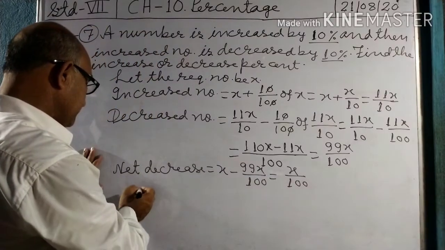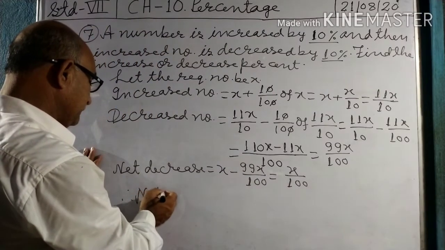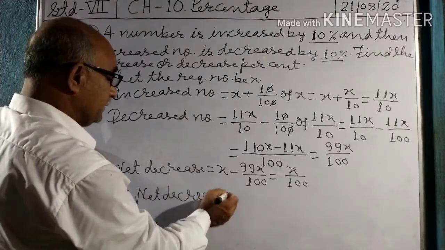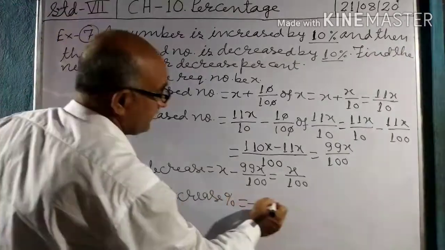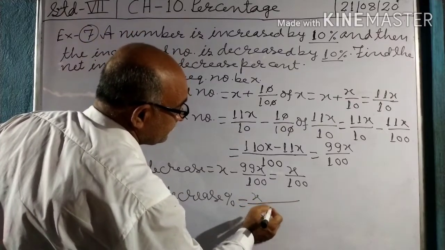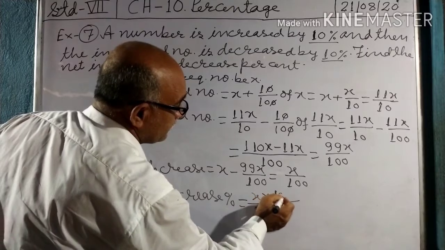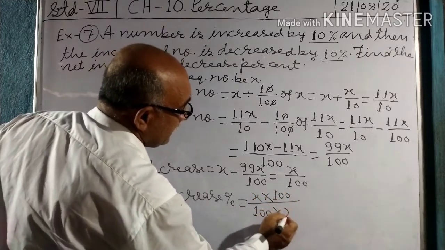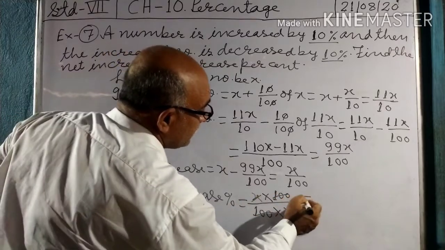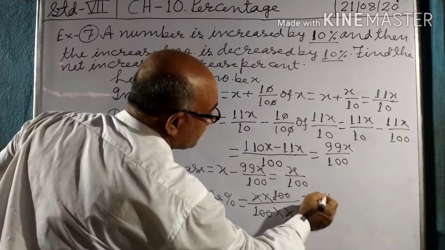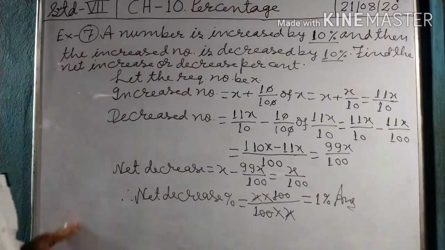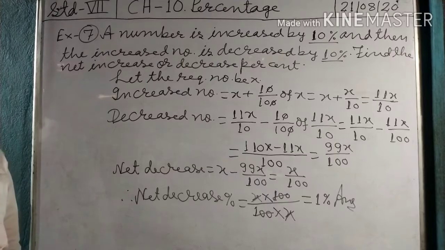Therefore net decrease percent equal to x by 100 into 100 by x. x and x cancel, 100 and 100 cancel, equal to 1%. Answer. Understand and write it.